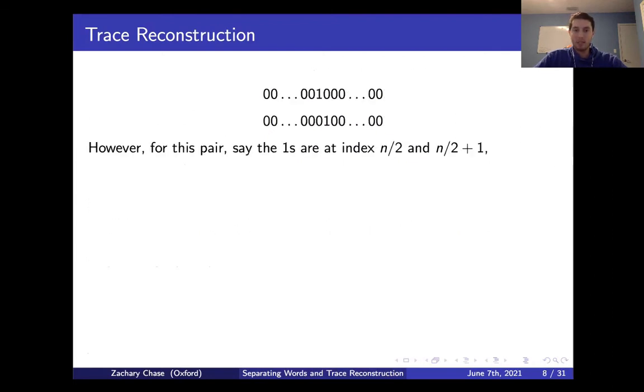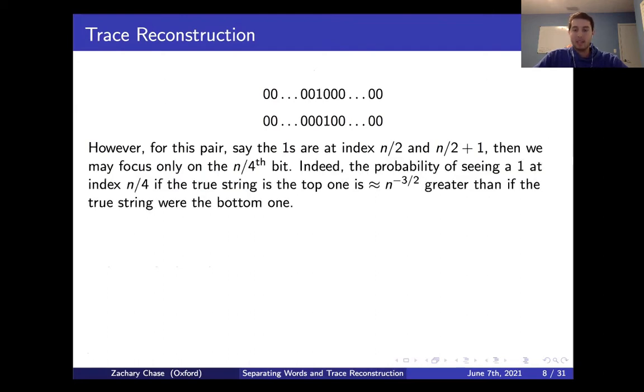But going back to this example, let's say the 1 is at index n/2 and n/2 plus 1. Then we can focus on the n/4th bit. So what I mean by that is that the probability of seeing a 1 at index n/4, if the true string is the top one, is about n⁻³ greater additively than if the true string were the bottom one.